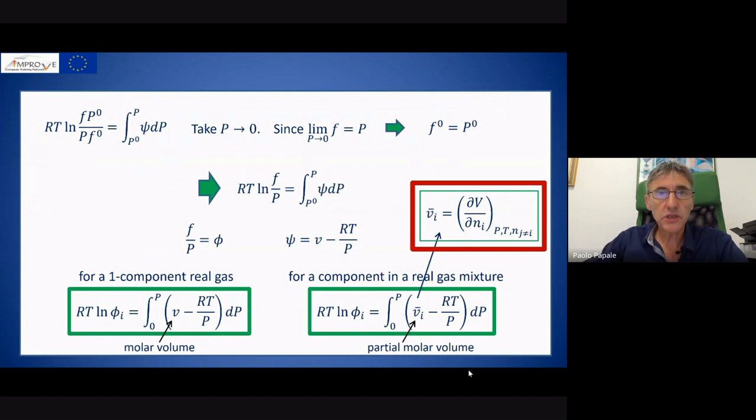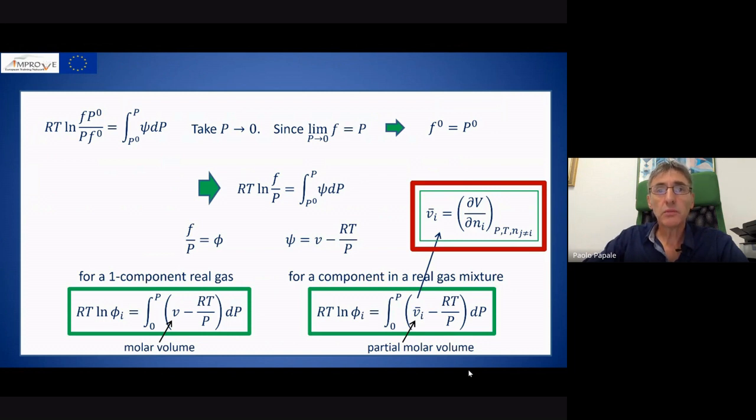By this definition, it follows that partial molar quantities only apply to extensive variables. That is, variables whose value depends on the amount of matter. For example, pressure and temperature are intensive quantities, and there is nothing like a partial molar pressure or a partial molar temperature.